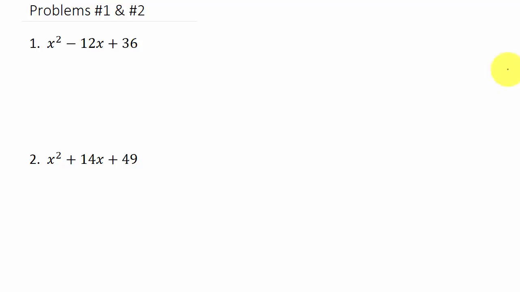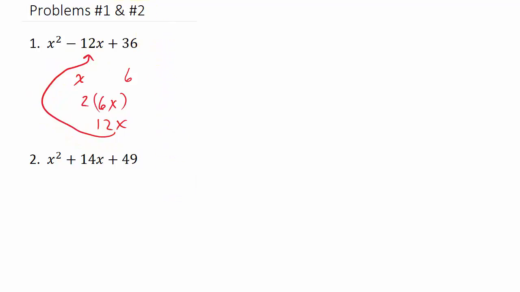Alright, so here we go. Let's look at this first term. What's the square root of x squared? That's x. What's the square root of 36? 6. What do we get when we multiply them together? 6x. And then times 2, that gives us 12x, which is the middle term.